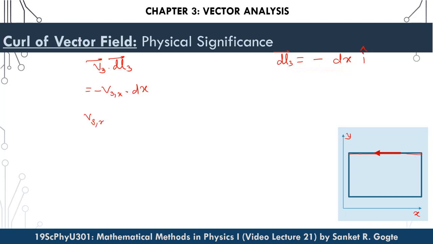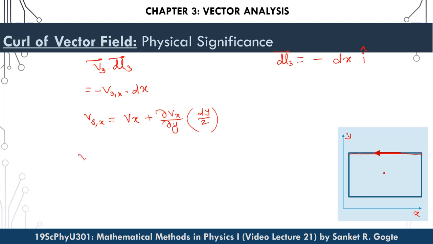v3x, or the x component of the vector field along the given path, is equal to vx, which is the x component of the vector field at the center, plus the rate with which the x component changes, multiplied by the change along the y-axis, which is dy by 2, the total change in y-coordinate.